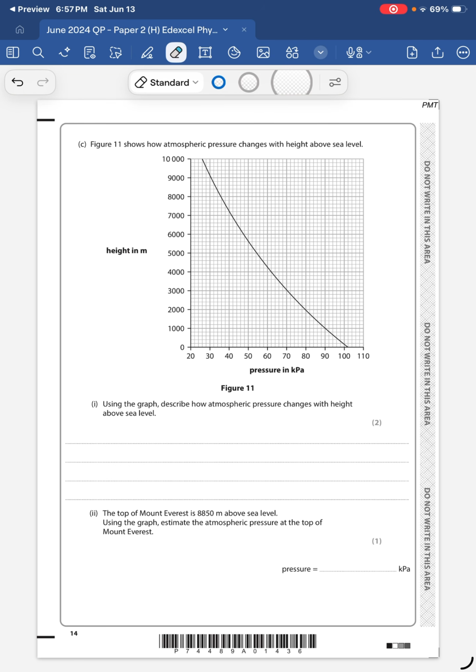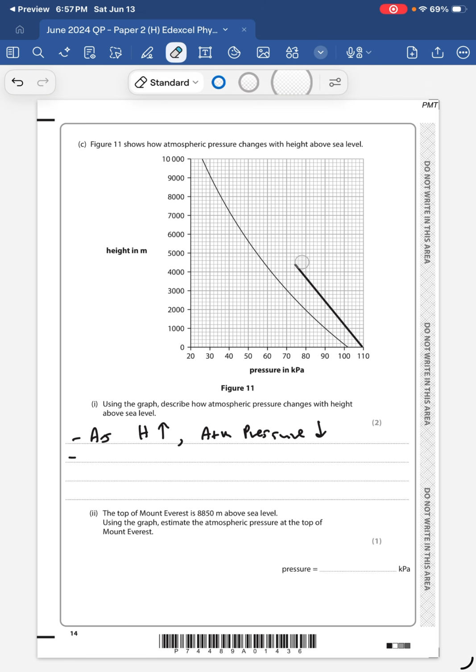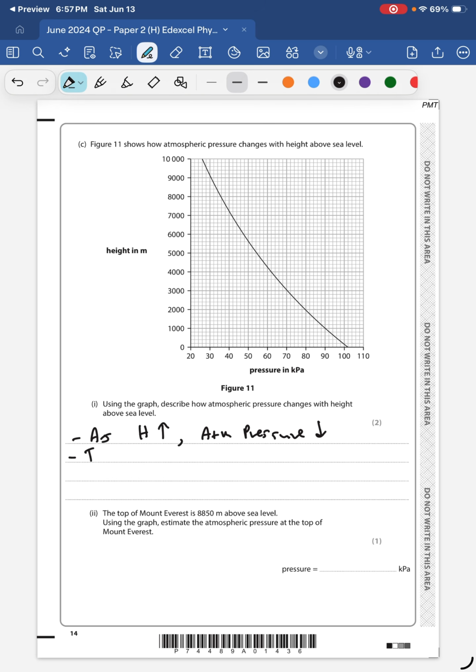So as height increases, atmospheric pressure decreases. And also you can see that the relationship is non-linear. It's not a straight line. It's some sort of different relationship. So the relationship is non-linear.